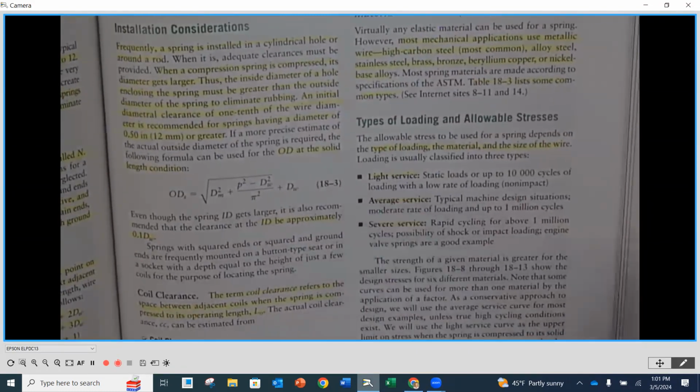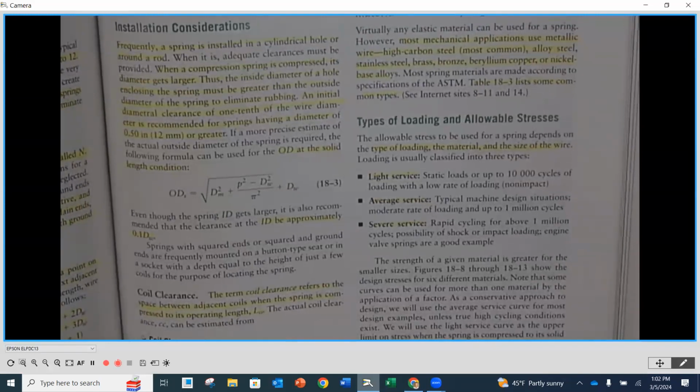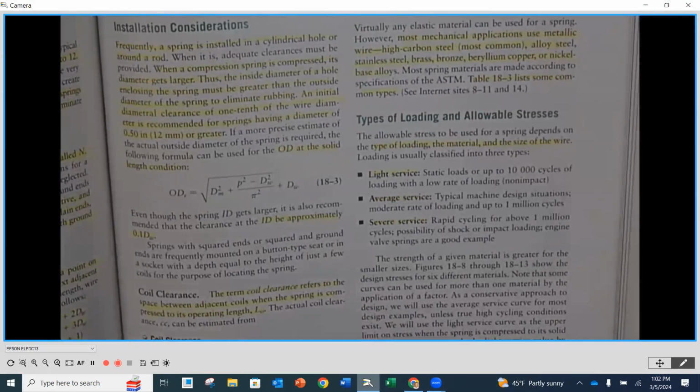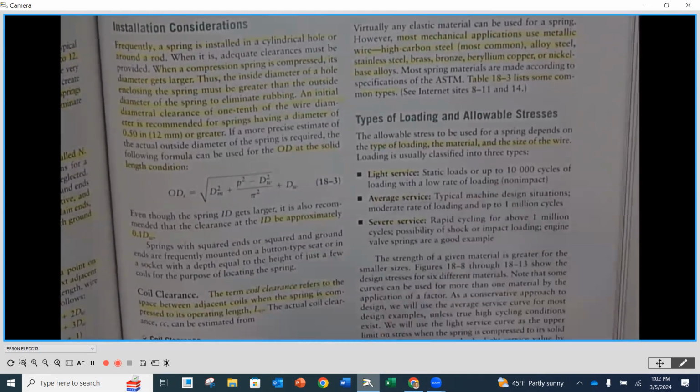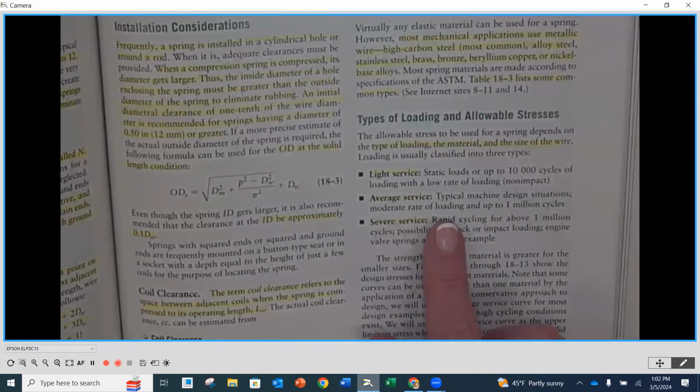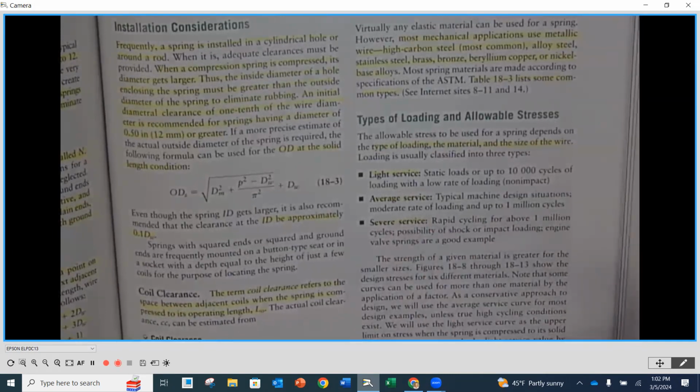Okay, so a light service is going to be where maybe you don't even have loads that are oscillating. It's just going to be right there, and it's going to create like a preload. But it would be up to 10,000 cycles of loading and a low rate of loading. So kind of non-impact, not anything that's too severe. Light service. Medium or average is going to be a typical machine design situation, moderate rate of loading, and up to 1 million cycles.